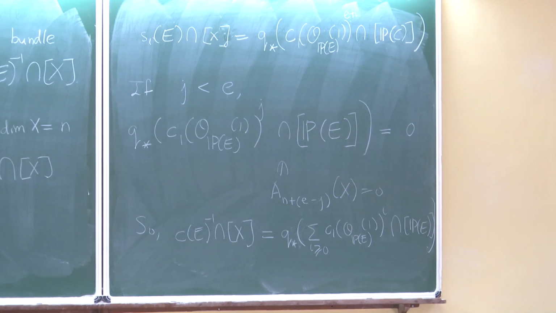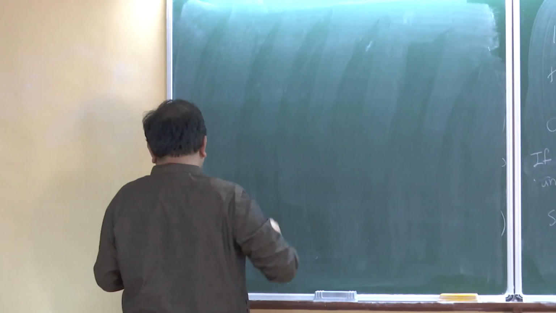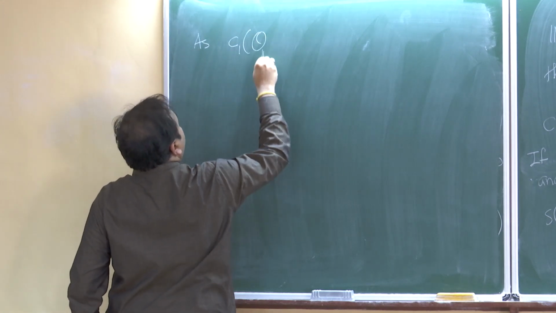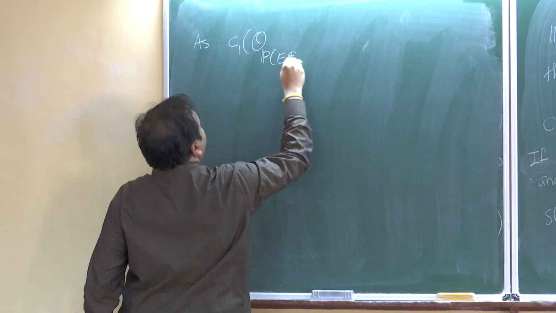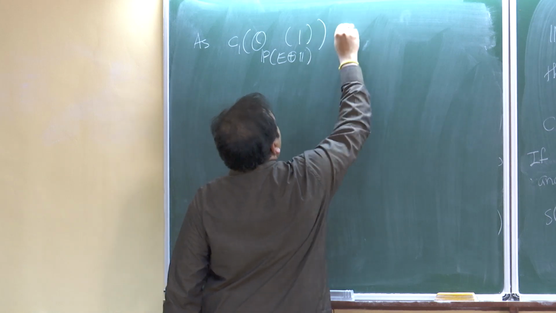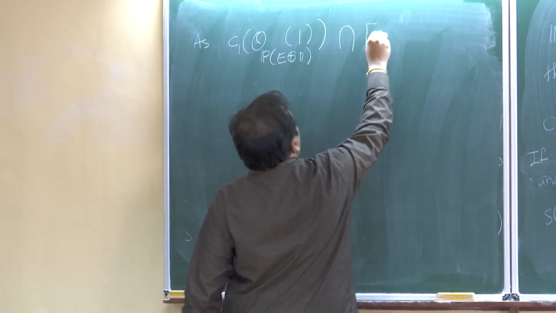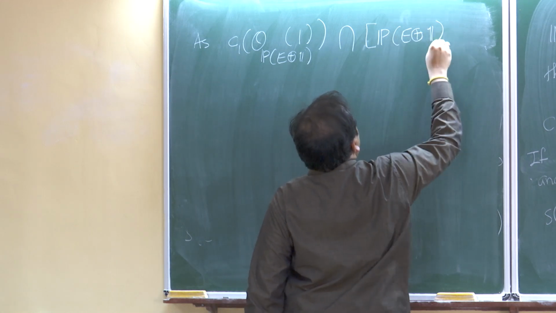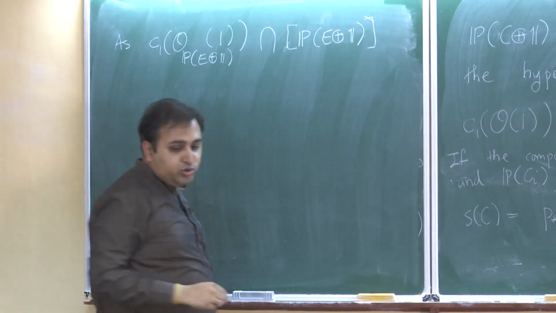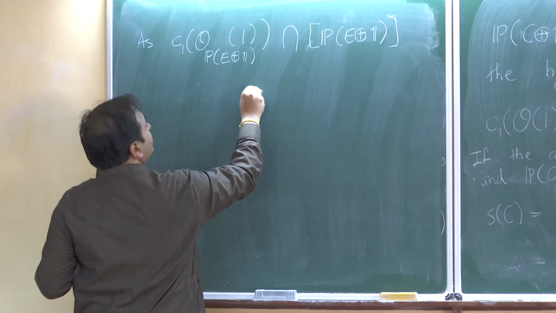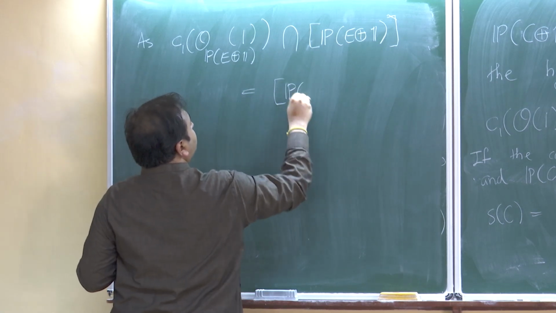And then this is exactly the same as the other expression, as c1 of O_P(E+1)(1). So this Chern class you cap with P(E+1). Again it's the same thing as before, that this will just give you the hyperplane at infinity, right? So this is equal to P.